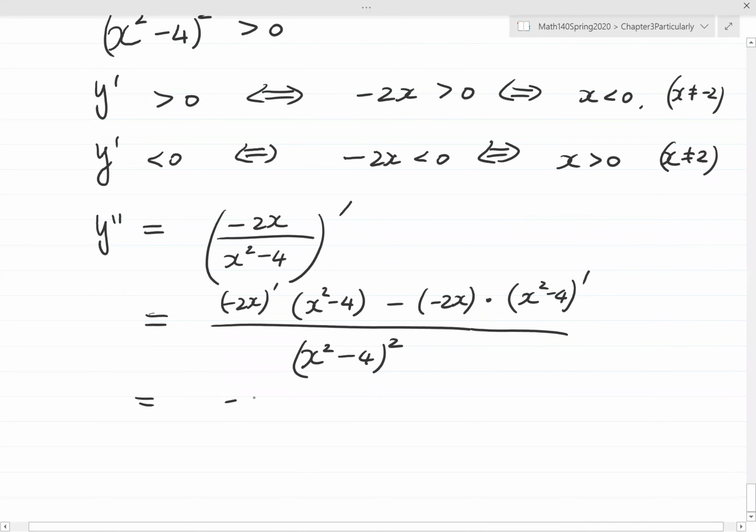So this will be negative 2 times x squared minus 4, minus negative 2x, so this is positive 2x, times the derivative of x squared, which is 2x. The derivative of 4 is 0.